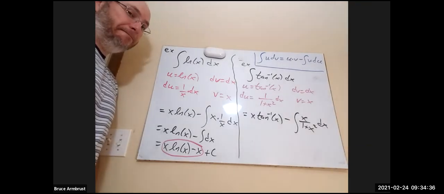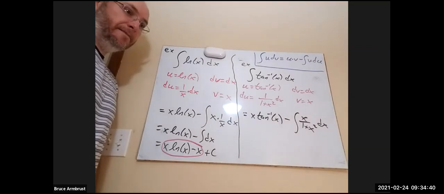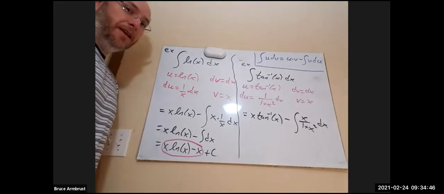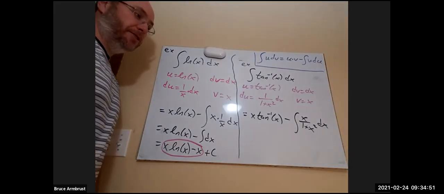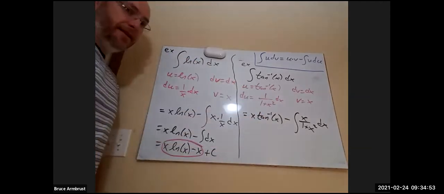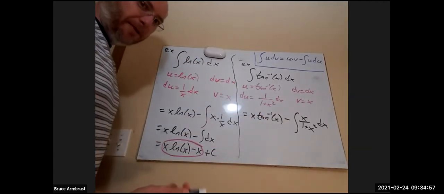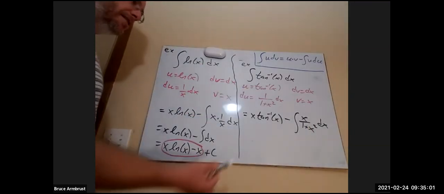Anybody recognize it? Yeah, thanks, Adam. It's u sub. If you let u be the bottom, 1 plus x squared, its derivative is going to be 2x dx. So this is going to be a log form, right? Or that's the other way to remember it: logs, if the derivative of the bottom is on the top, it's a log.